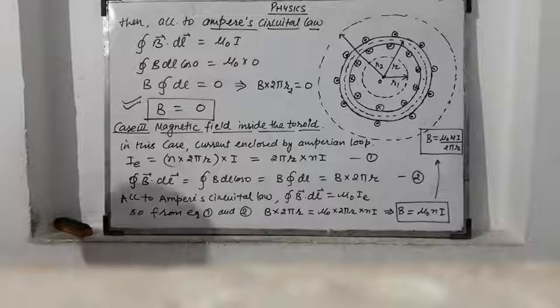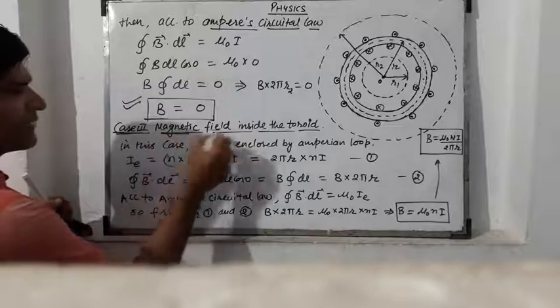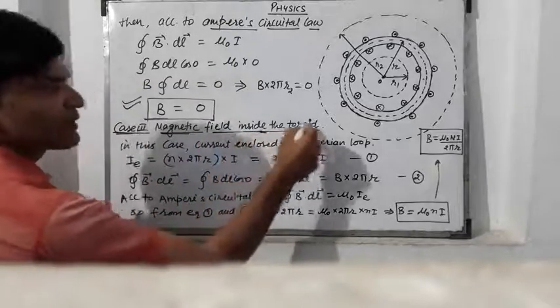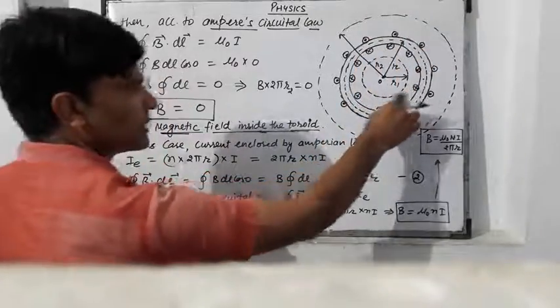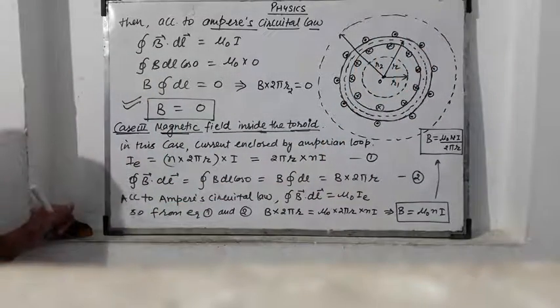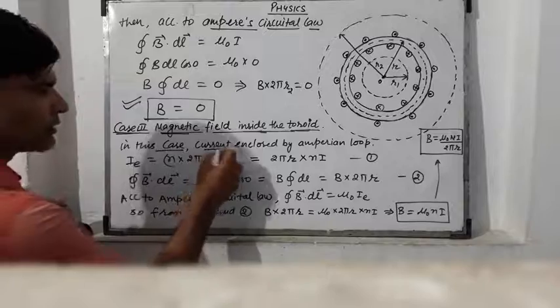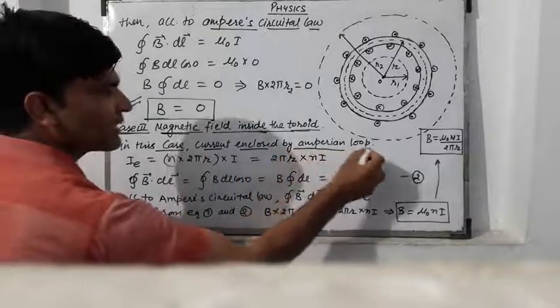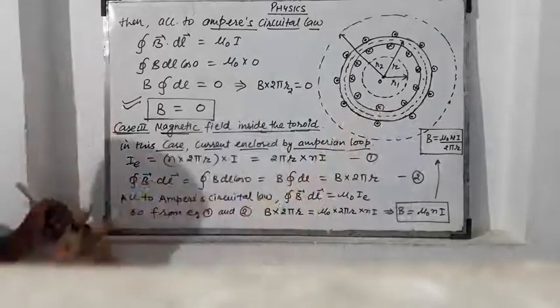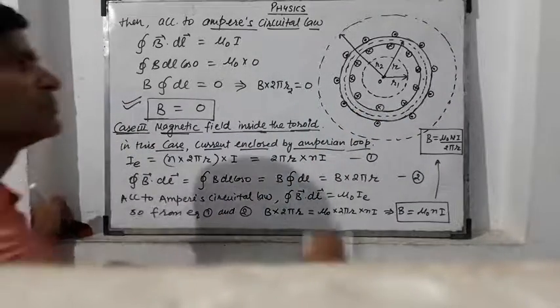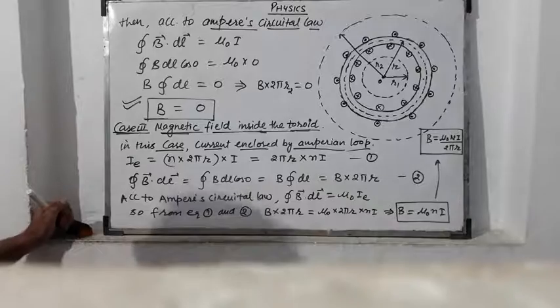Now, the third case: magnetic field inside the toroid. For this, we find the current enclosed by the Amperian loop, because current passes only one time. This is crossed.